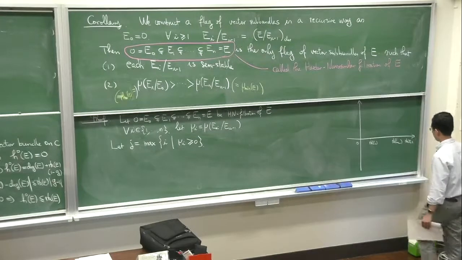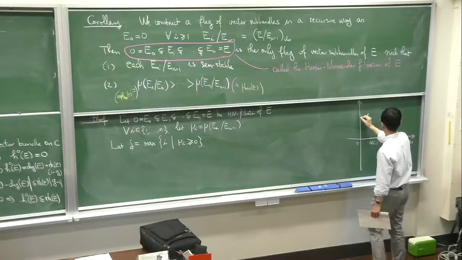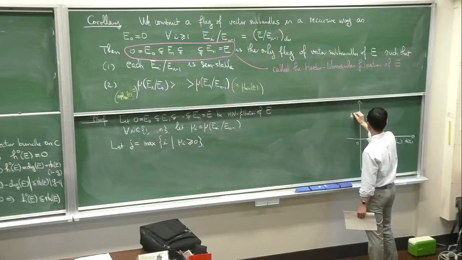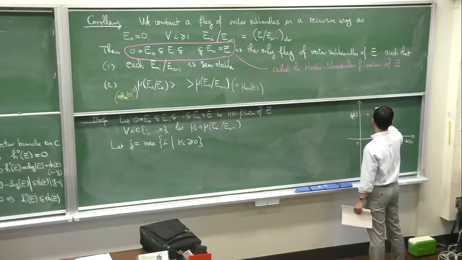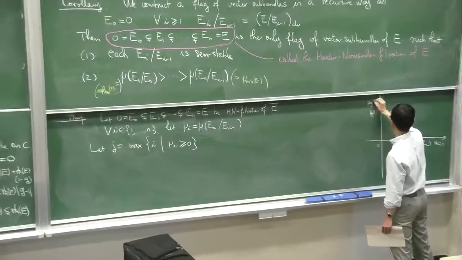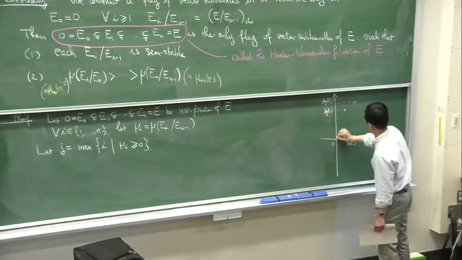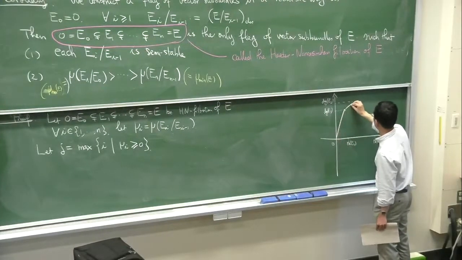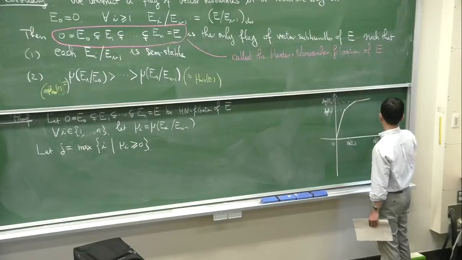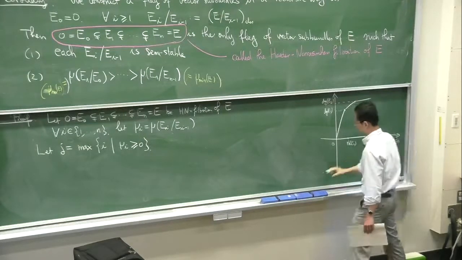You can draw a picture like this, with the rank of E_1, the rank of E_{n-1}, and the rank of E. If you take here the degree of E_1, maybe here the degree of E_2, etc., then you find some concave function.